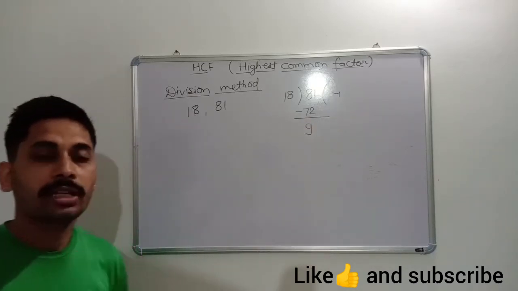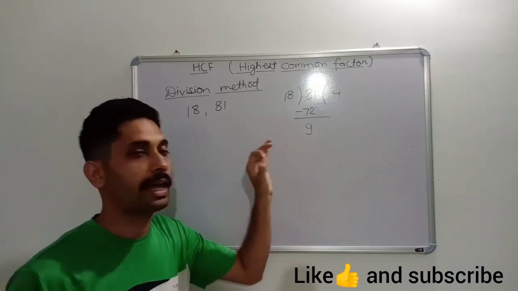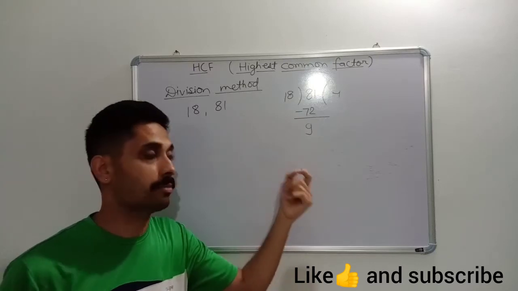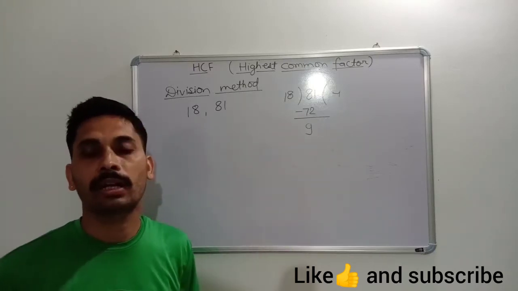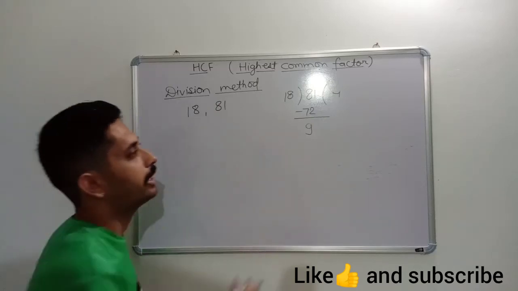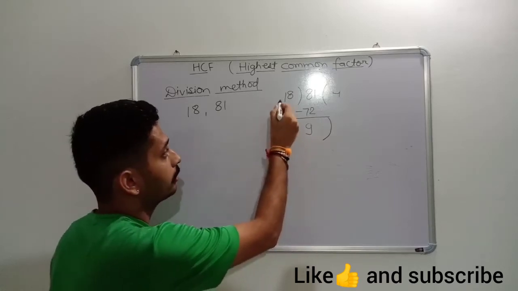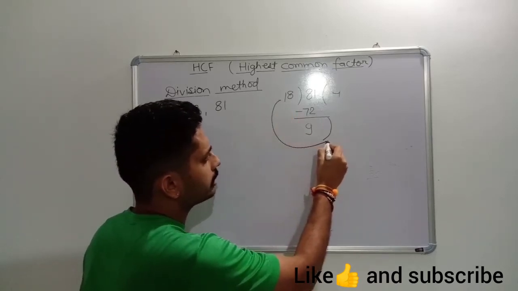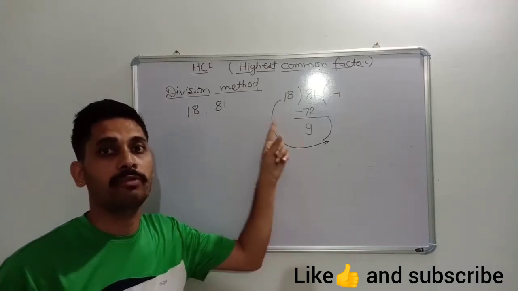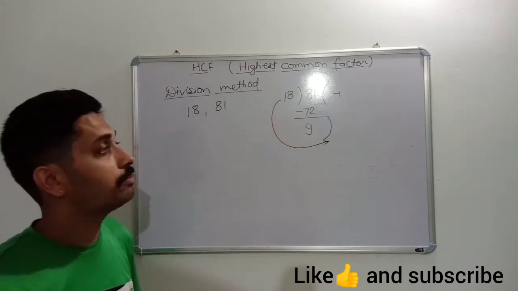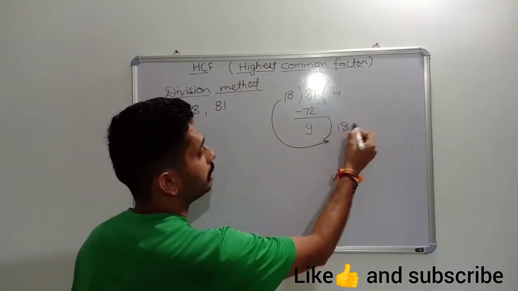Okay, after this, if you are getting any number except 1 और 0 as remainder, you have to divide again. By this remainder that is 9, you will divide the divisor of the previous step. मीन्स जिस नंबर से हमने पहले डिवाइड किया था, उस नंबर को इस remainder से डिवाइड करेंगे. So divide 18 by 9.